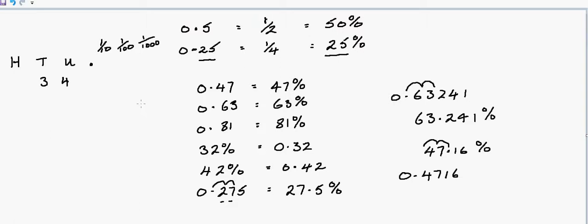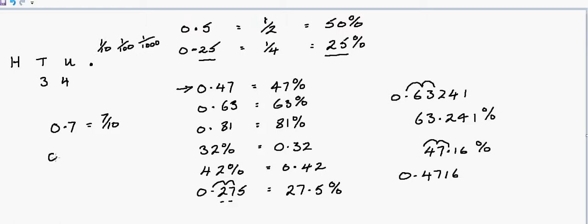Okay, so if we've got 0.7, 7 is in the tenths row, so we know that 0.7 is 7/10, because you did that in the test or in the assignment.